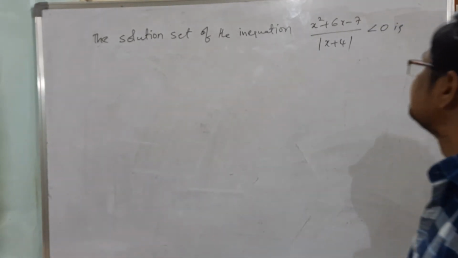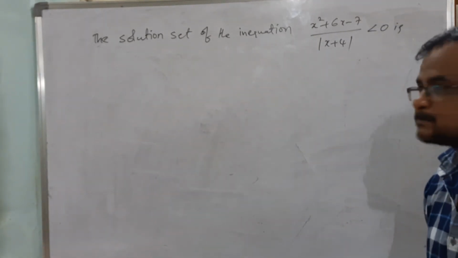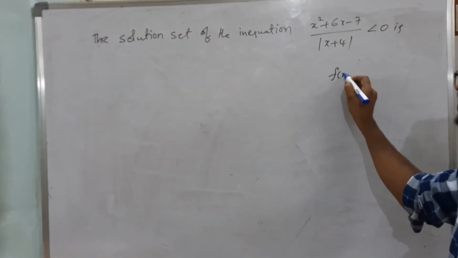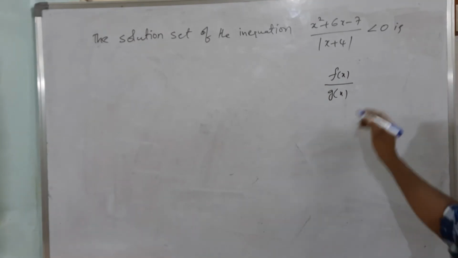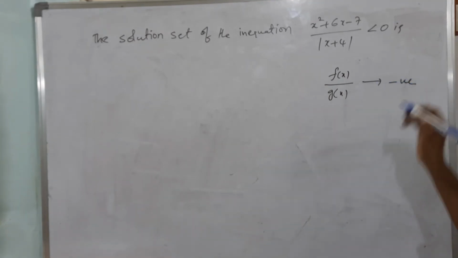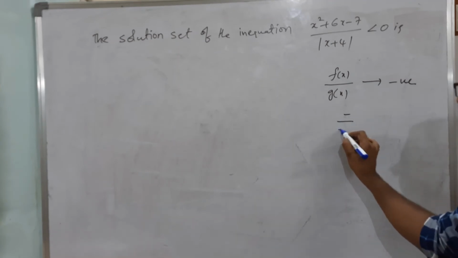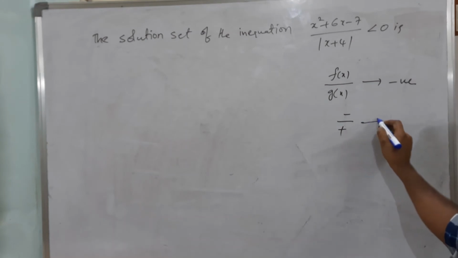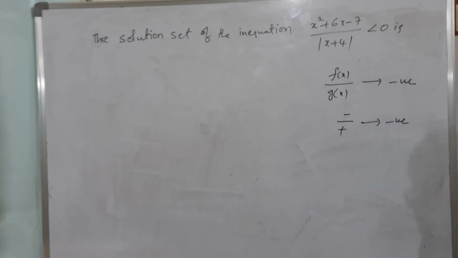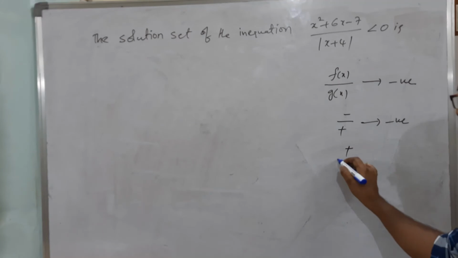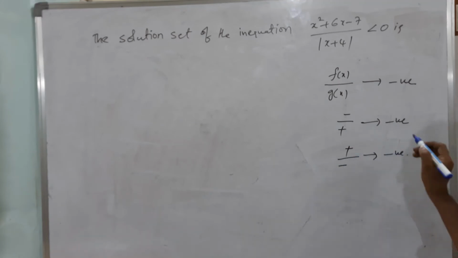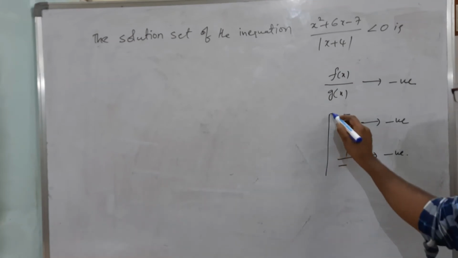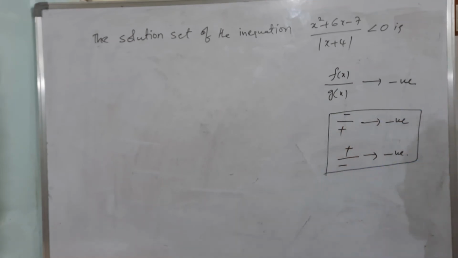How to do this one? Listen here. This is a rational function, in the form of f of x by g of x. But what is on the right side? Negative. When is it possible? If the numerator is negative and the denominator is positive, then we get a negative value. Next, if the numerator is positive and the denominator is negative, even then you will get negative. So to get the right side negative, there are two possibilities.